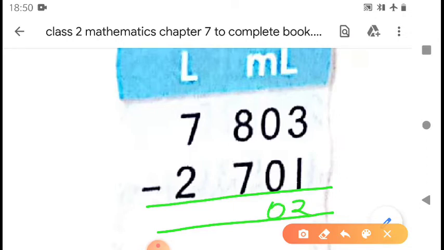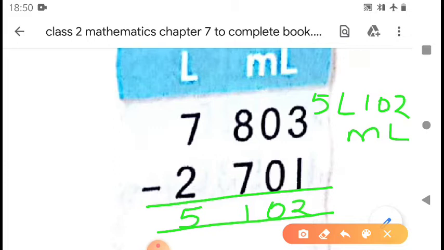And 8 minus 7 is 1. Then subtracting the liters. 7 minus 2 is 5. So your answer is 5 liter 102 milliliter. And if you wish to check your subtraction, you can check it also.